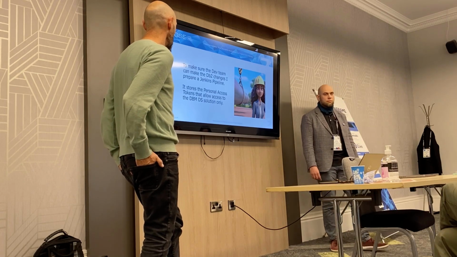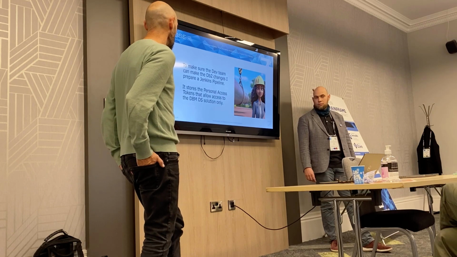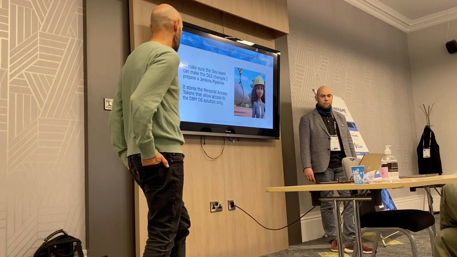And you're going to see now with Jakub how this Jenkins pipeline is actually using personal access tokens, which is another authentication method we haven't talked about yet, that has some very interesting and specific capabilities.